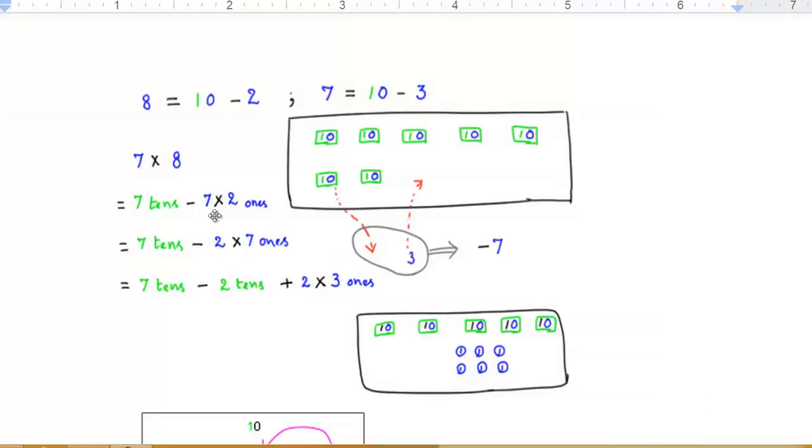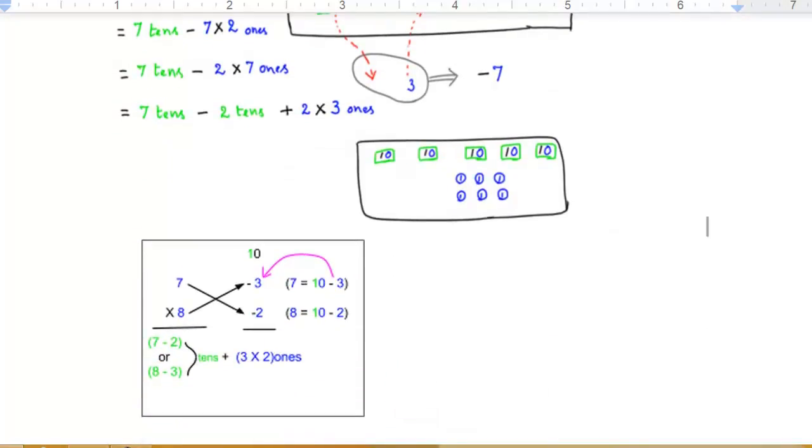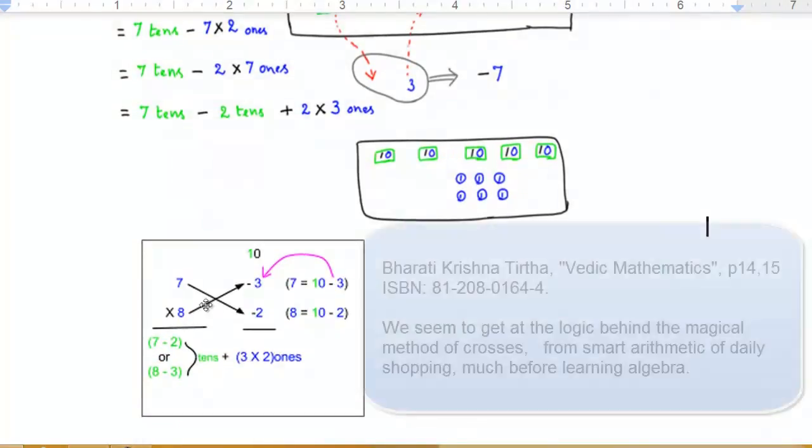We recognize that for 7 times 8, what we get as the final answer, 7 minus 2 tens, that is 5 tens, plus 2 threes, is exactly what we had learned by that magical method of crosses.